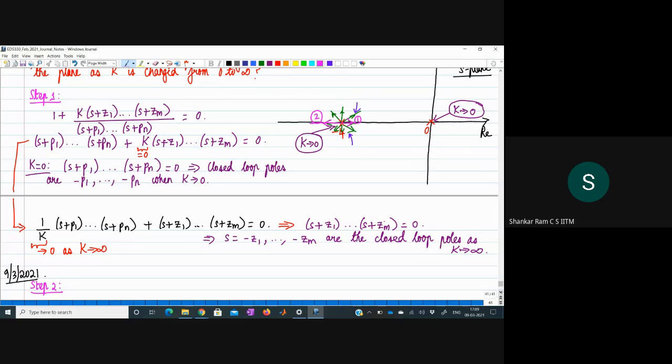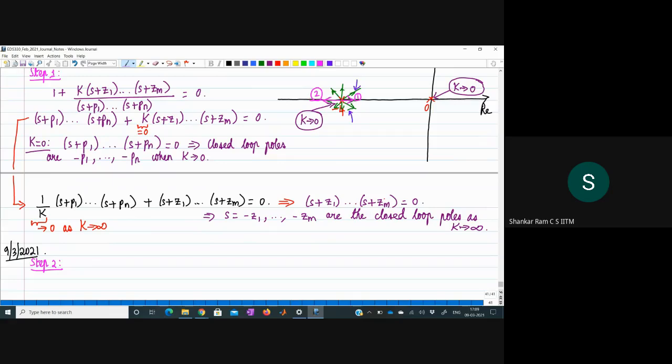In order to do this, we look at the real axis and identify the regions that are present on the real axis and are segregated by the open loop poles and the open loop zeros. In this example, there are no open loop zeros, so we are considering only open loop poles.